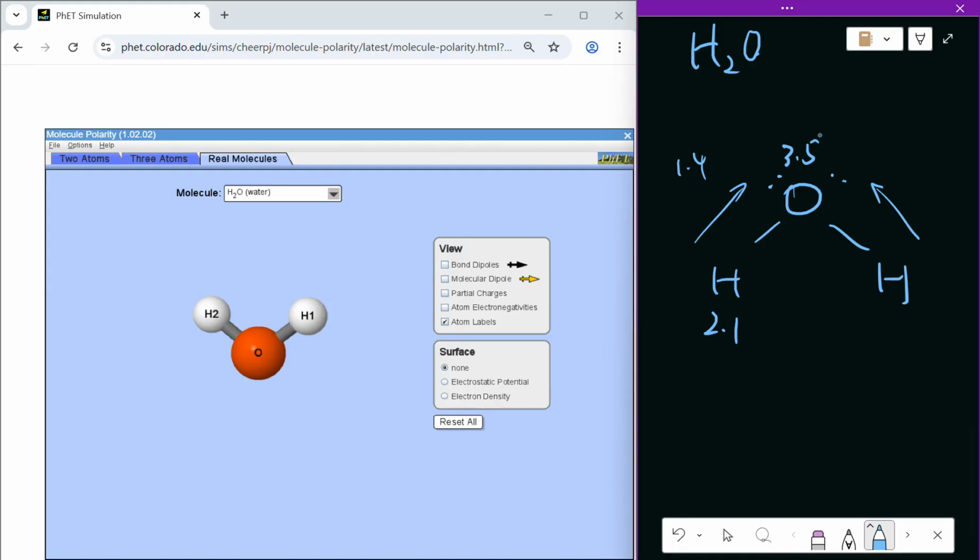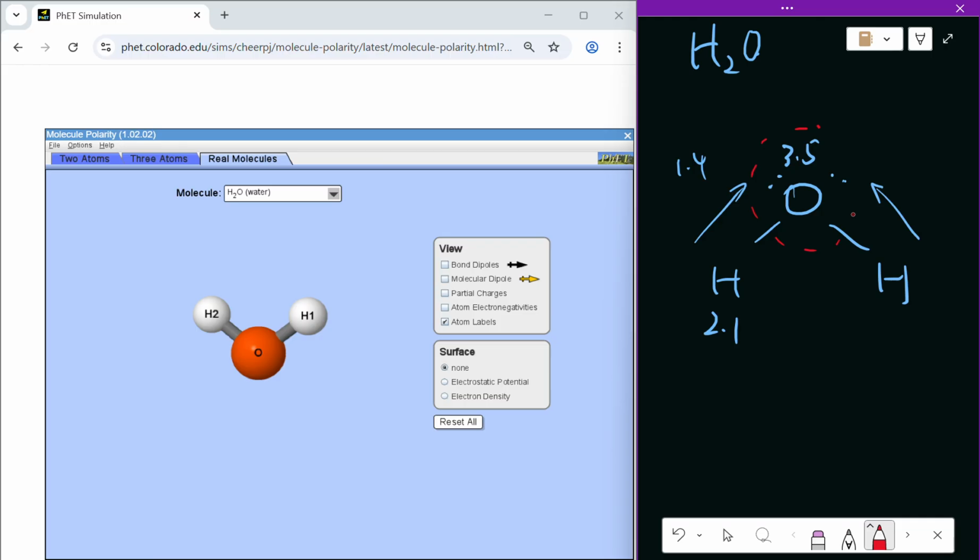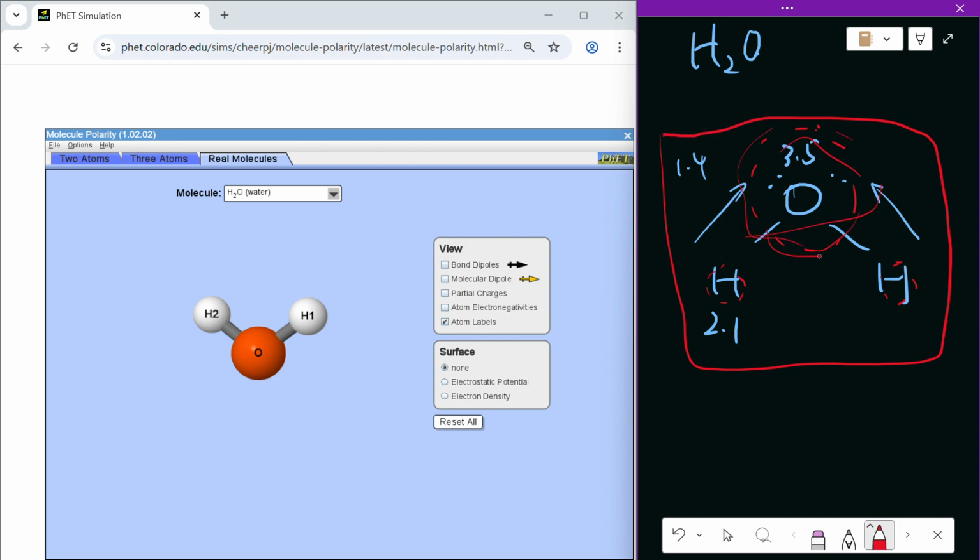So we can see that the electrons are more likely to stick around this oxygen atom than these two hydrogen atoms, which means if we look at this picture holistically, the electrons are more likely to stay on the above side rather than the bottom 2 hydrogen atoms, which means this molecule will have a molecular dipole towards the oxygen side.